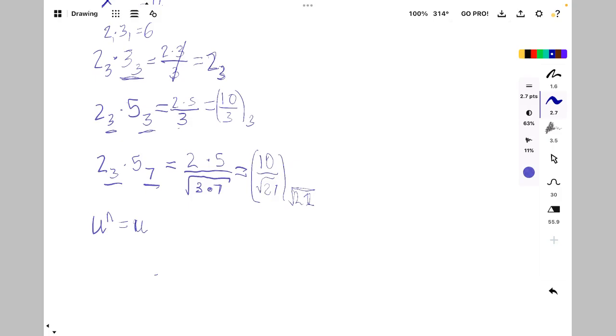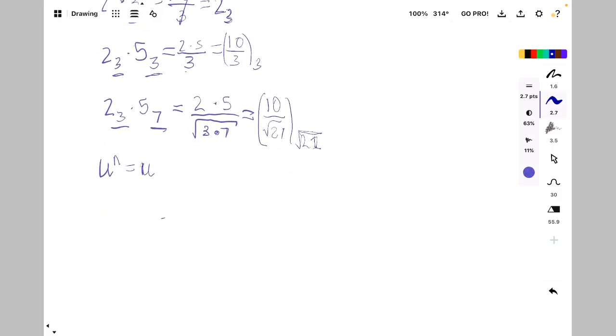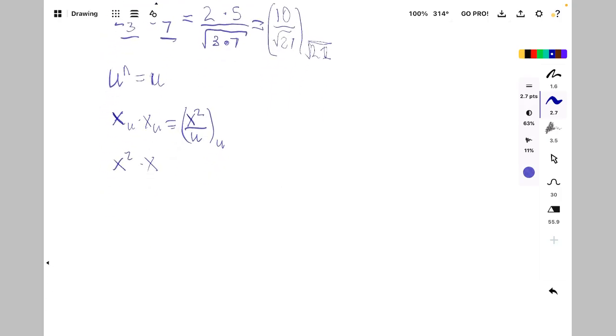But we can also show, let's say if we multiplied something like this, x sub u times x sub u, that's just x squared over u with an empty product of u. And then let's multiply that by x again, x squared times x, well, x squared over u times x.